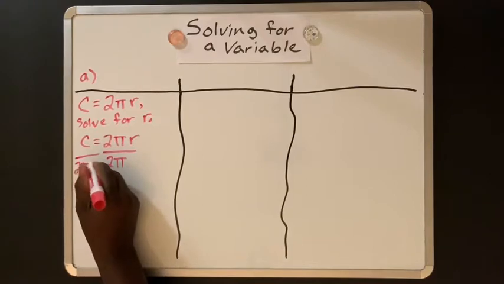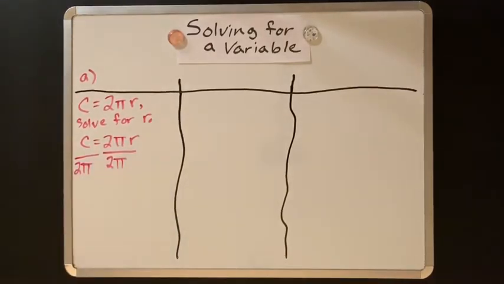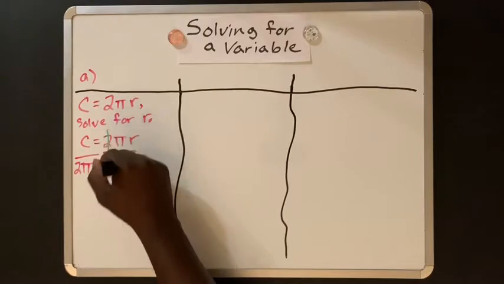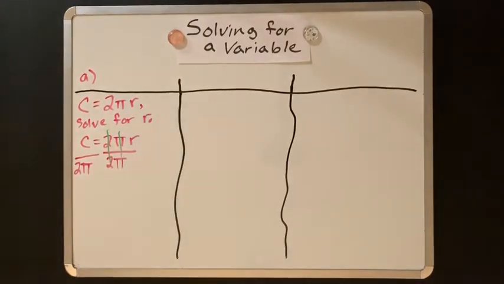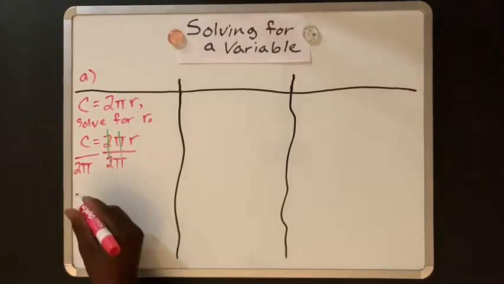2 times pi. And then we see something we can cross out. Isn't that great? 2 divided by 2 is 1. Pi divided by pi is 1, so we cross that out. And then we go back to the left.